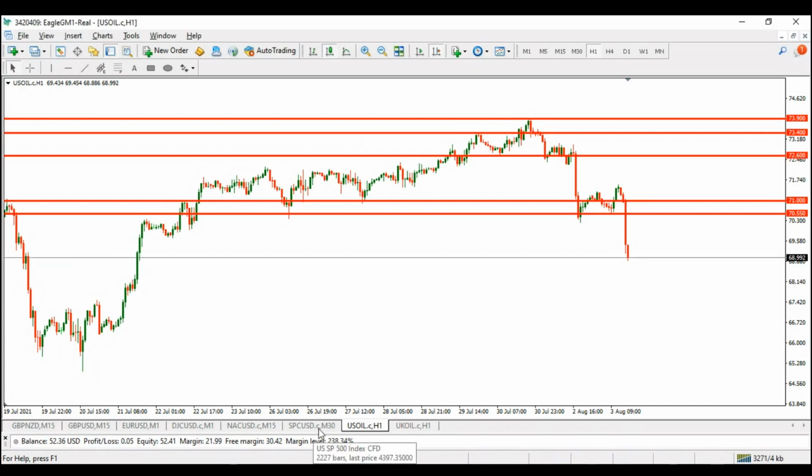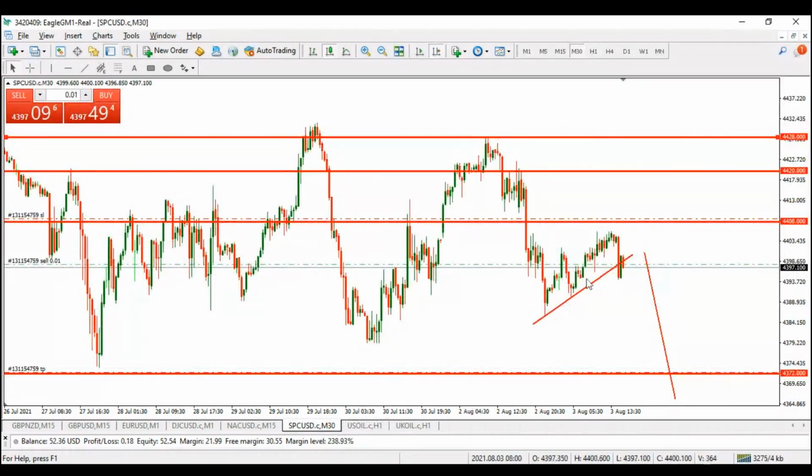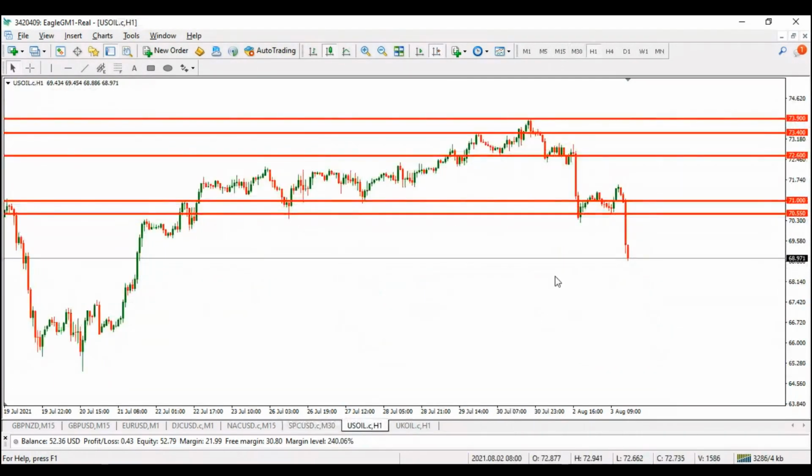Remember S&P 500? I drew this line, and if you've attended my webinar before, you understand this is a break and retest, like I always explain. The same thing happened on US oil, which was just a break, but there was no retest. The tendency of a retest to happen is 50%, so you might see price still do this before deciding to come down.